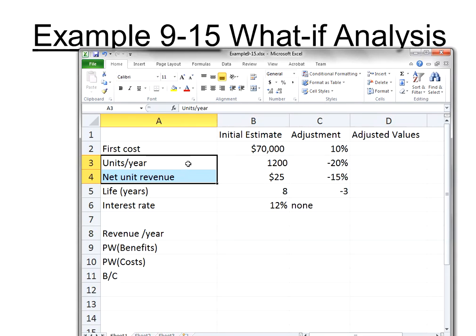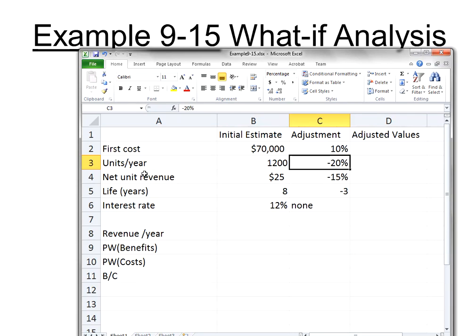You will say, well, we're really excited about these units per year, but maybe we're not going to get as much demand for our units. Typically the benefits are overestimated between 15 and 20%. So we would assume that we are overestimating the demand for our units by 20%, so we have this negative 20% to compensate for our optimism.